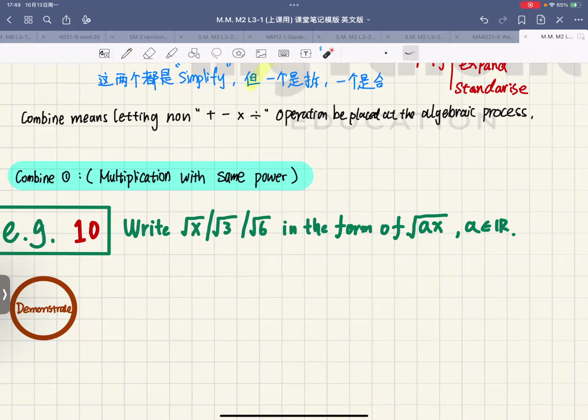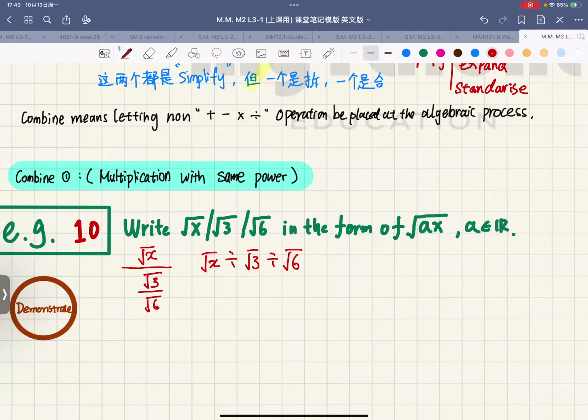This slash means divide. Basically, you are required to write square root of x over square root of 3 over square root of 6, or I can write square root of x divided by square root of 3 divided by square root of 6.